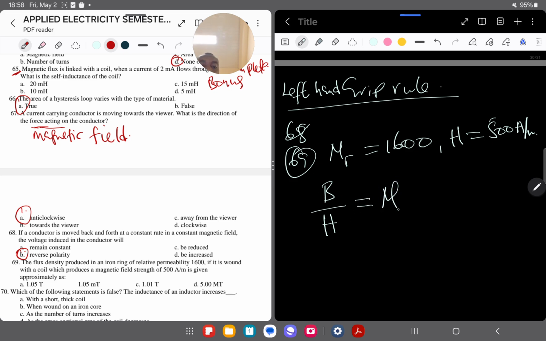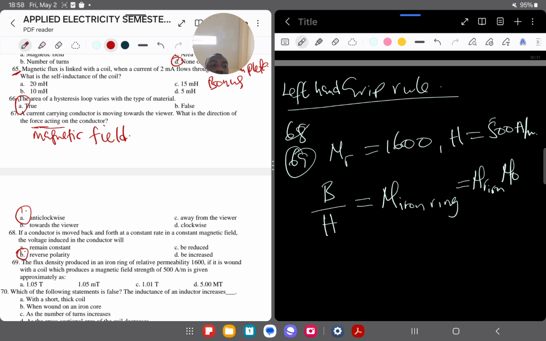equals the absolute permeability of the material, meaning of the iron ring. The absolute permeability of the iron ring is the relative permeability of the iron ring times the permeability of free space.